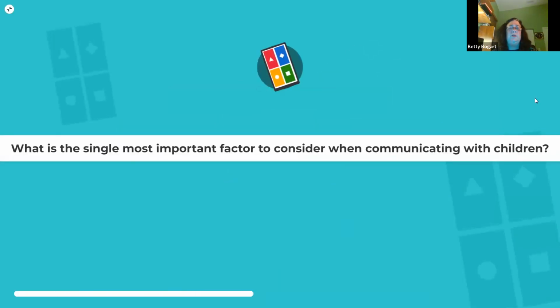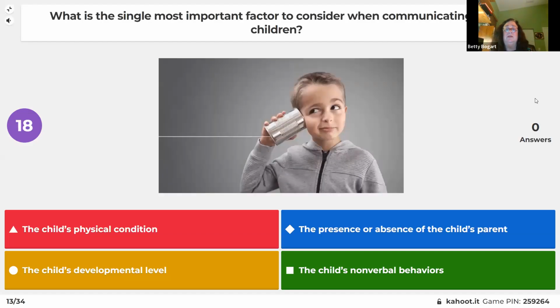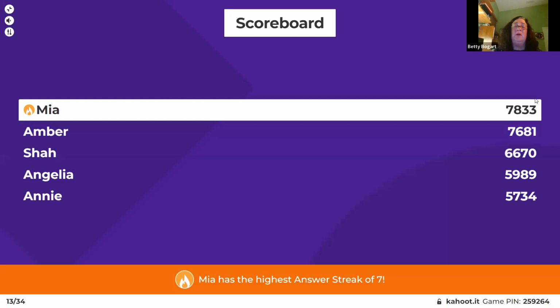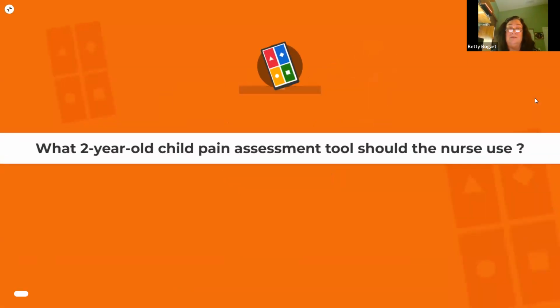What is the single most important factor to consider when communicating with children? We want to know their developmental levels. We know how to approach them so that we can get things done a lot easier.